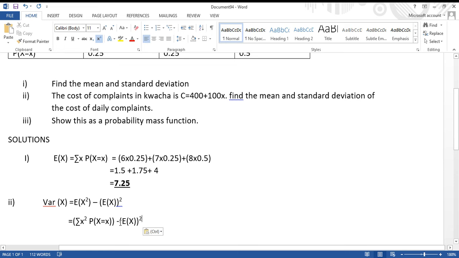Yes, and then we're going to subtract it from our expected value. All right, we're going to square our expected value. All right, so this is how it goes. Let me just copy these two here.